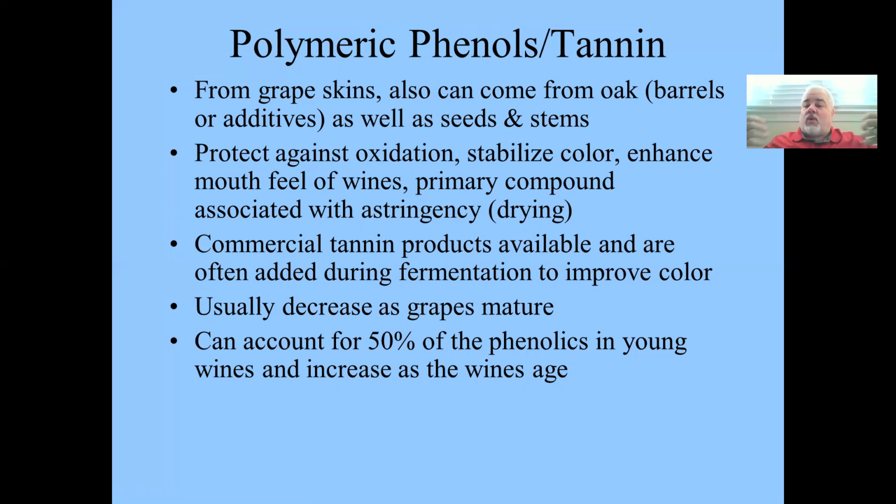And that's one of the characteristics you look at: we have a certain profile of phenolics in our wine when it's finished with fermentation. How long should we allow it to age, based on what we're seeing, to get the right flavor?